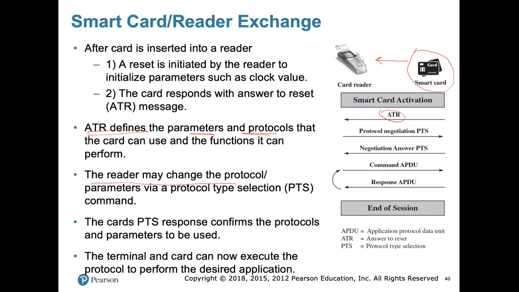That happens through something called the protocol type selection message. So the card reader sends this. If I mark this as A, this is A, protocol negotiation or protocol type selection. The packet goes from the card reader to the card, and then the card replies, of course there should be some answer to that message. The card either accepts or says no.